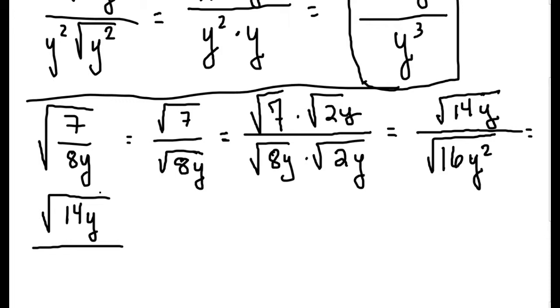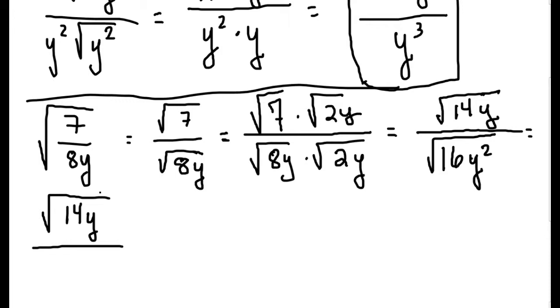Oh, the 14 and the 16, reducing them? It's not because it's the same y, because we're taking the square root of each of them. We're trying to get rid of that square root sign, and if we were to simplify it, we'd be back to exactly where we started.